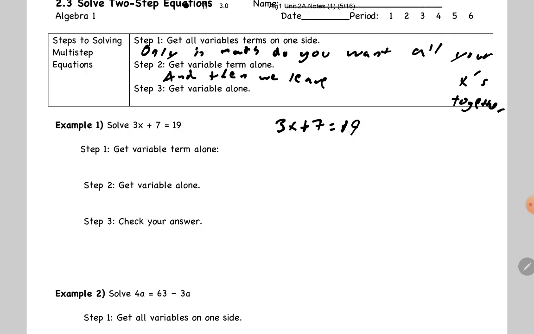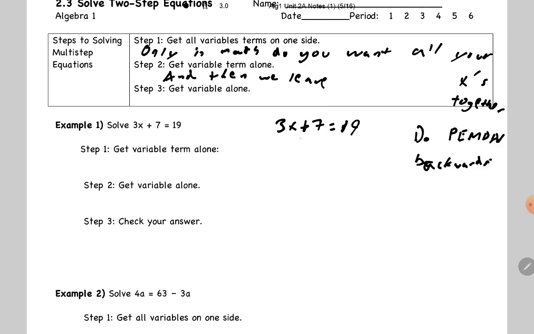When you're doing this, you want to do PEMDAS, but backwards. That's one way to look at it. Another way to look at it is you want to get x alone, so you want to separate the x from the group.